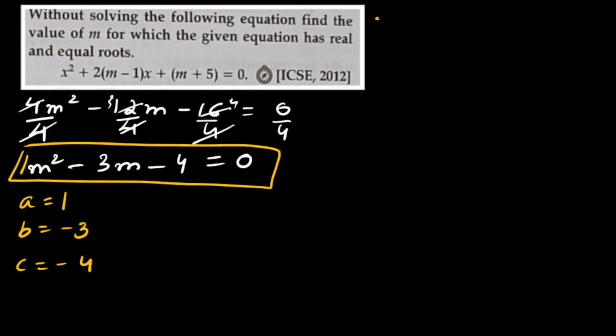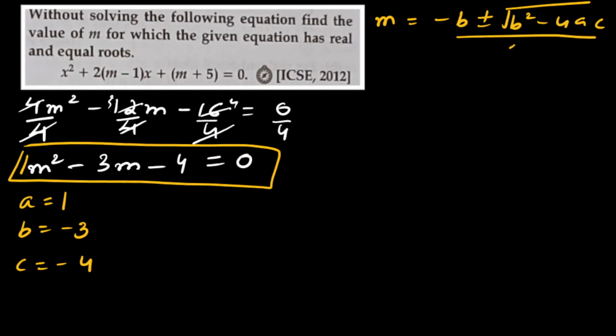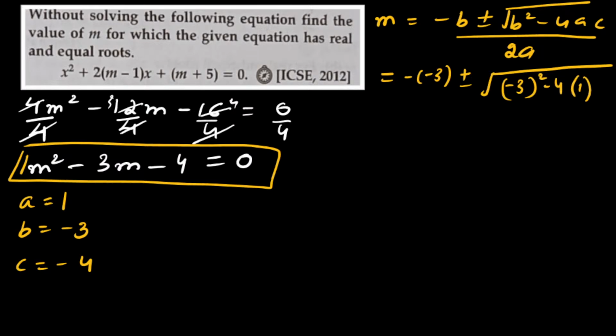So if we apply the quadratic formula, m is equal to minus b plus minus root of b square minus 4ac, by 2a. So minus b, minus of minus 3, plus minus root of b square, meaning minus 3 square, minus 4 into a, which is 1, c is minus 4, by 2 into 1.